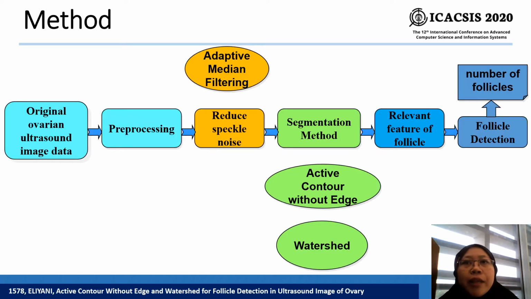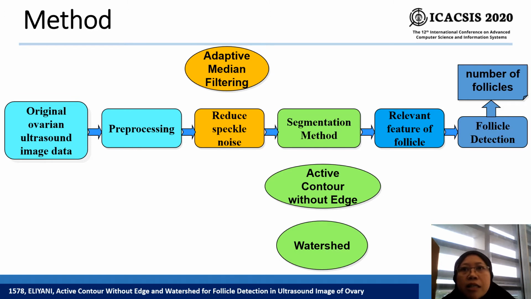Method. The study used ultrasound images of the ovary that have been validated by a doctor or gynecologist. The data in this study used 100 ovarian ultrasound images from the Sakina Idaman Hospital, Yogyakarta, Indonesia.